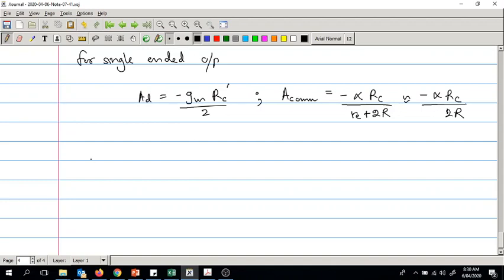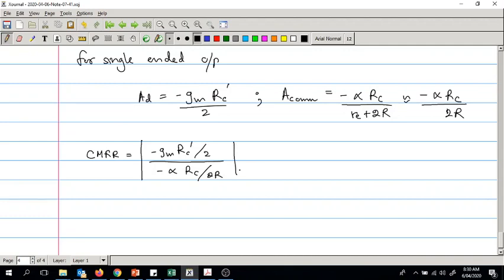So in that case, what is CMRR? CMRR is equal to mod of minus GM RC dash over 2 divided by minus alpha RC over 2R.